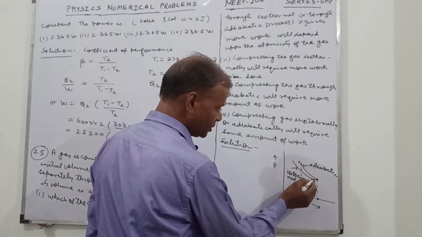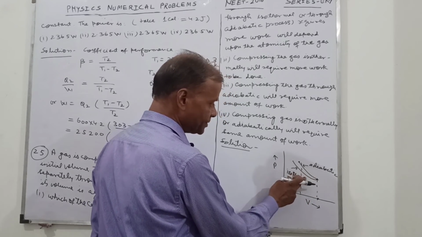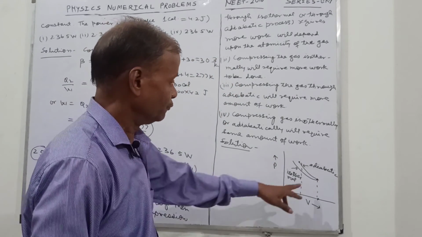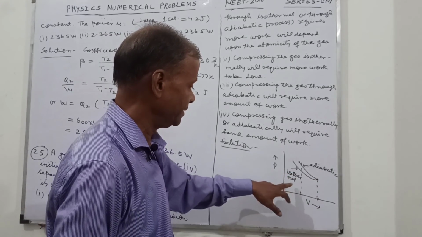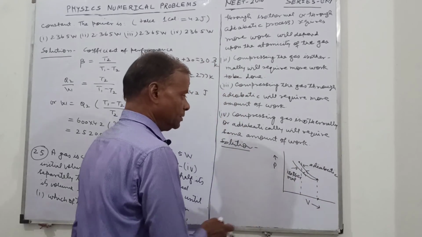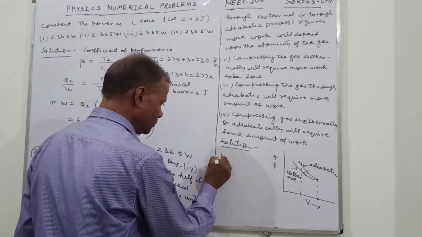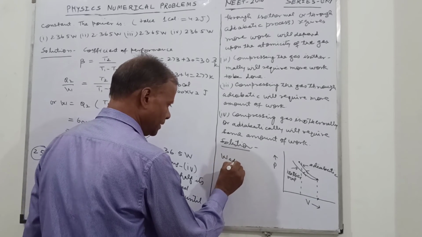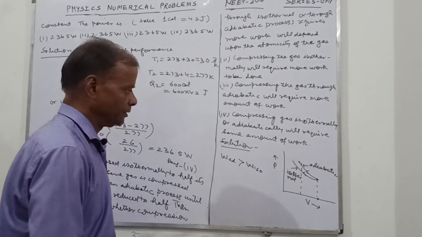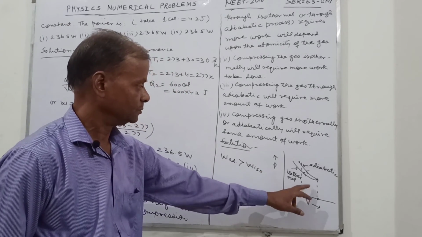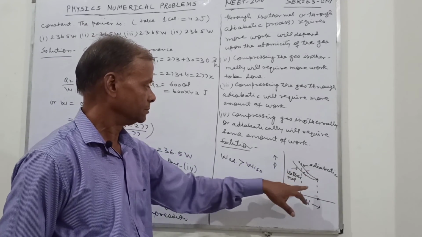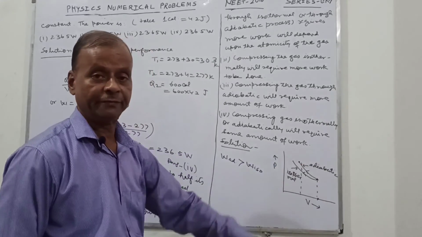So you see that this curve has less area in comparison to the curve given above it. So work is more for adiabatic. So W adiabatic is more than W isothermal, because the area for isothermal is less than the area for adiabatic.